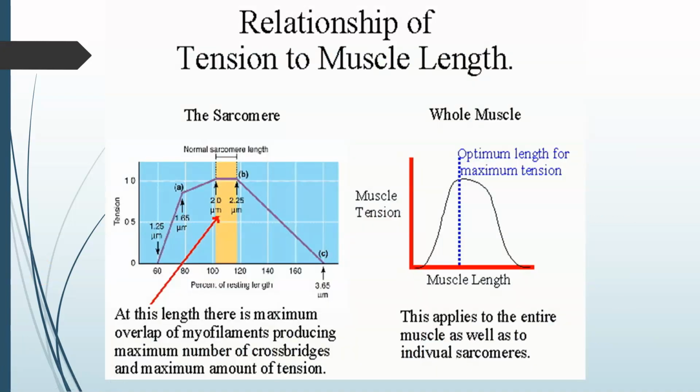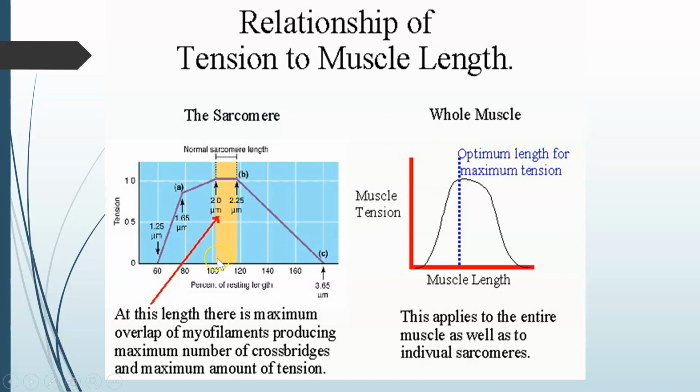So we can see here, when we talk about the length tension, what we're saying is that depending on the length of the muscle can result in either a lessening of tension or an ability to create optimum tension.